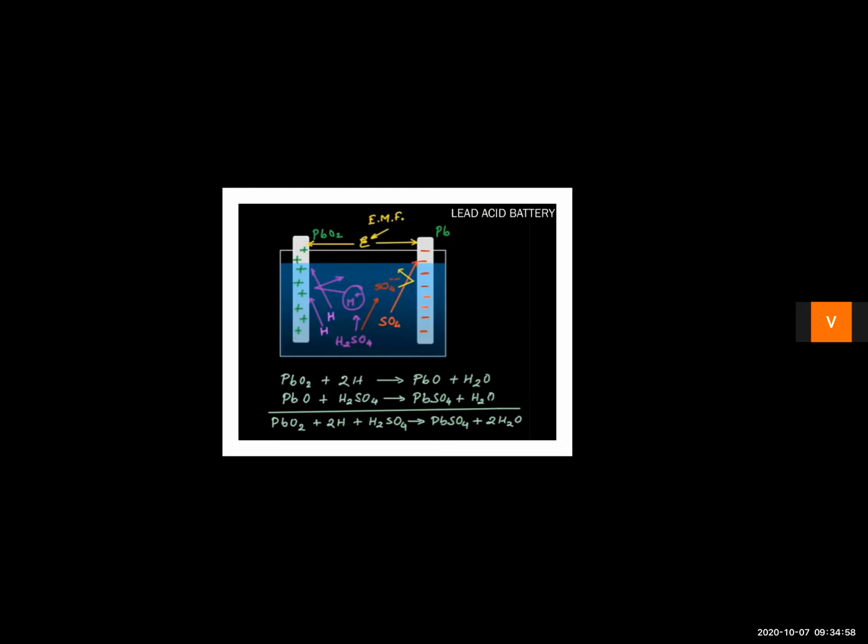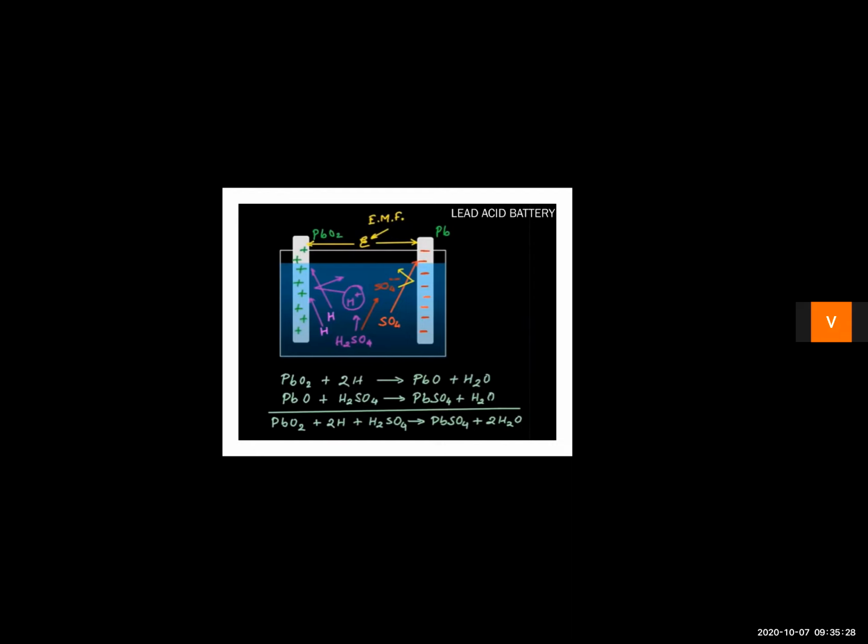Now we know that a battery converts chemical energy into electrical energy, right? So inside the battery, chemical reactions take place, and during these chemical reactions, energy is released. The same energy is released by the battery for its operation. Means when we are using the battery, it gives us energy, right?